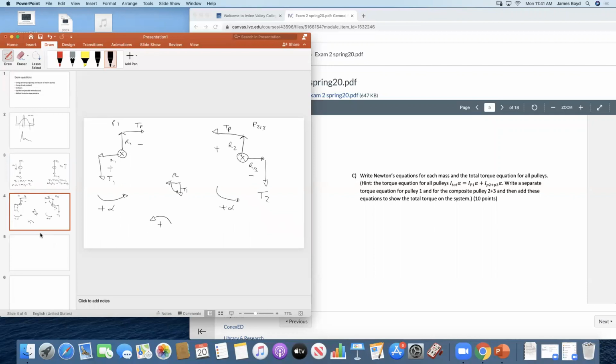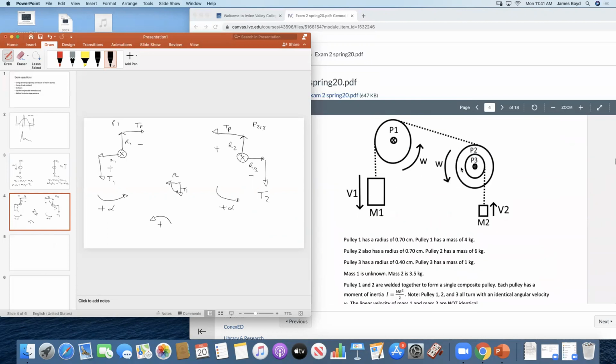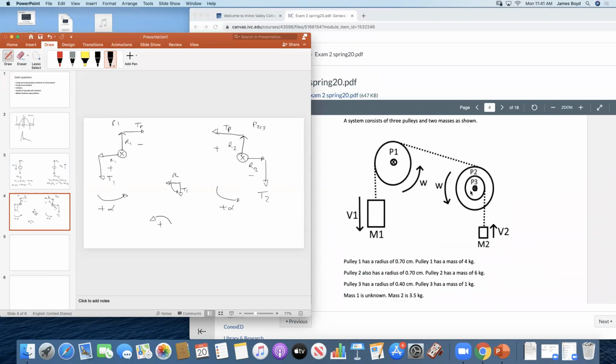These ones, the wrinkle comes in where this pulley, if we look at it, is actually two pulleys connected. They're welded together so they will move with the same angular acceleration, same alpha. But I, for this, is just M pulley 1, R1 squared over 2.